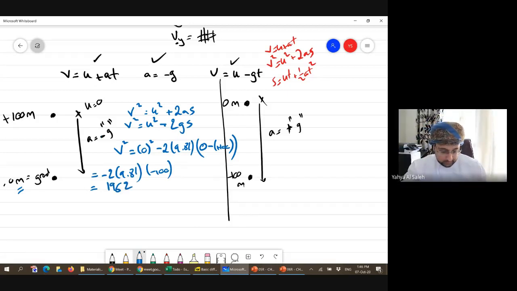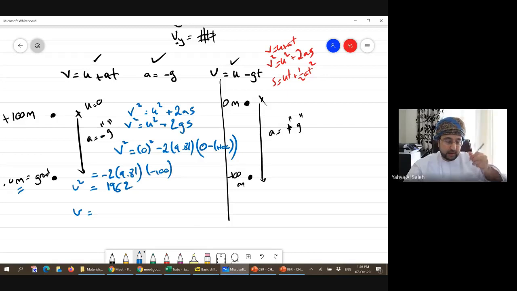Okay? صحيح. Which means my velocity, this is V squared, so my velocity will be equal to the square root of this number. So plus or minus 44.3. In which direction are we going? Down. And we have defined down to be what?